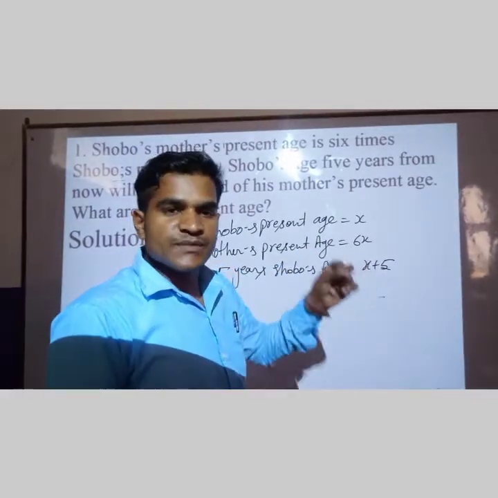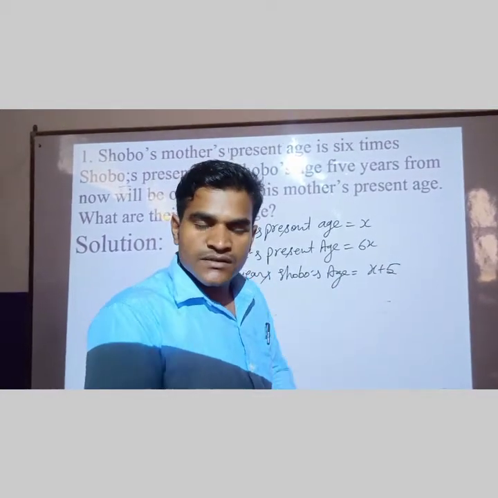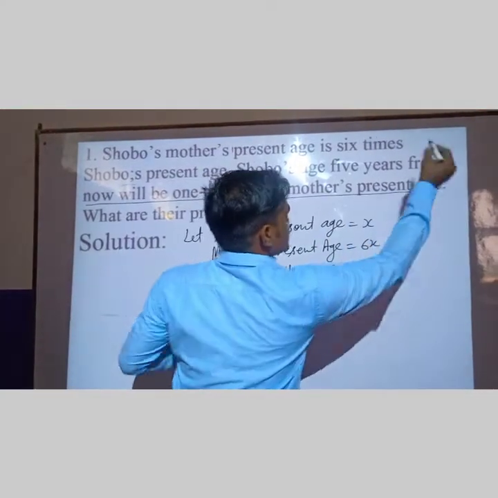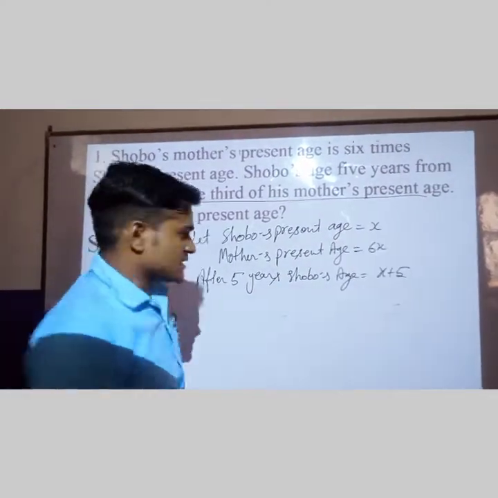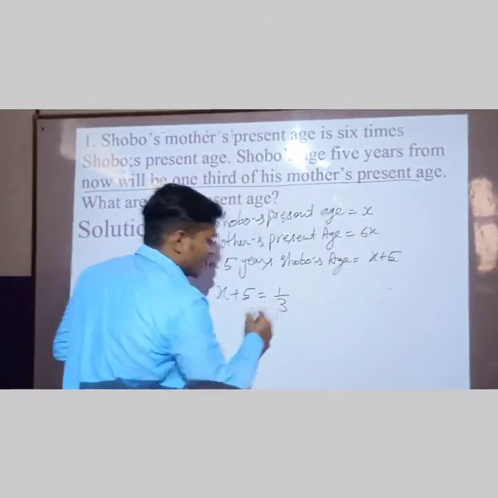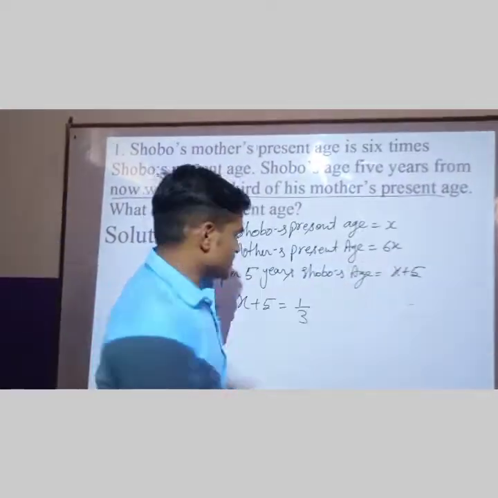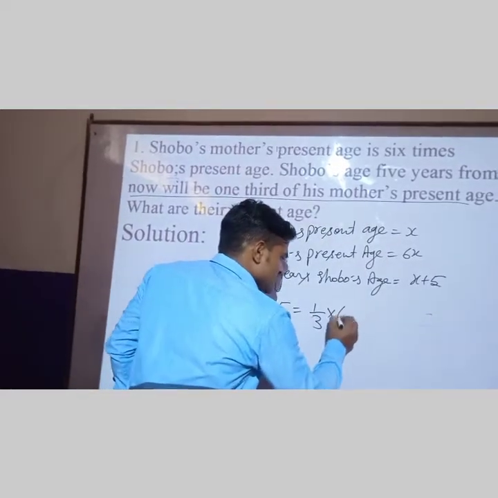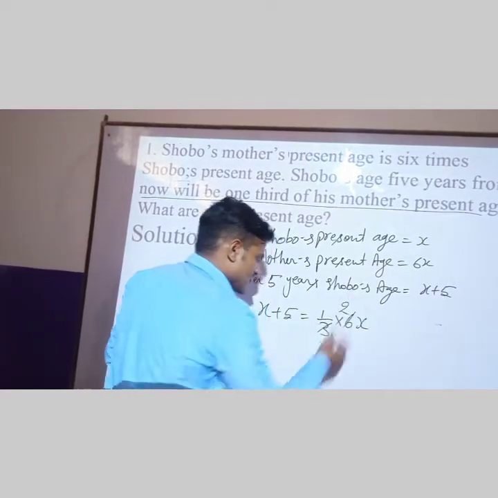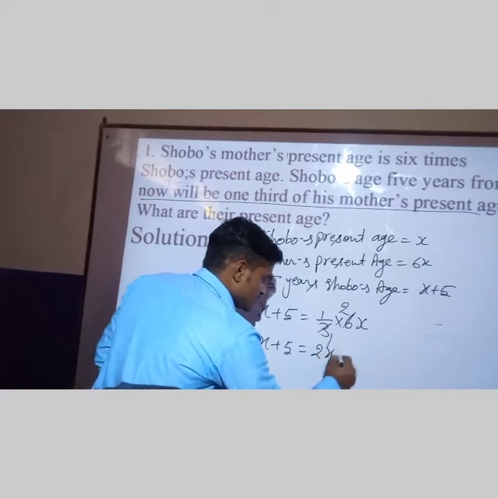According to the question, x plus 5 is equal to 1/3 of his mother's present age. So what is the mother's present age? 6x. So 1/3 of 6x. 3 1 are 3, 3 2 are 6. Cancel. So we get x plus 5 is equal to 2x.